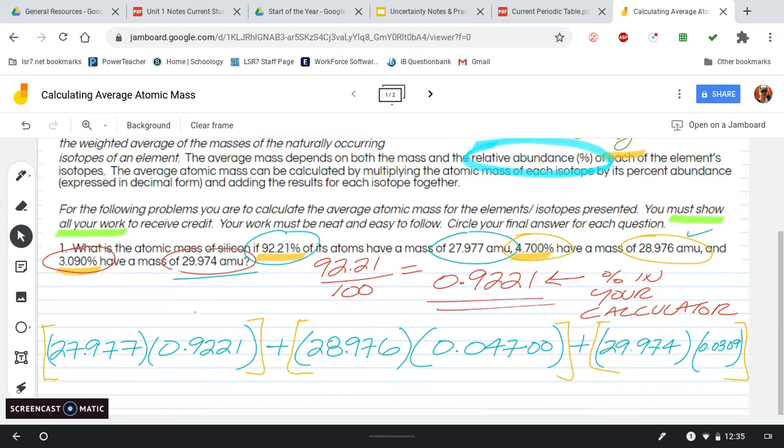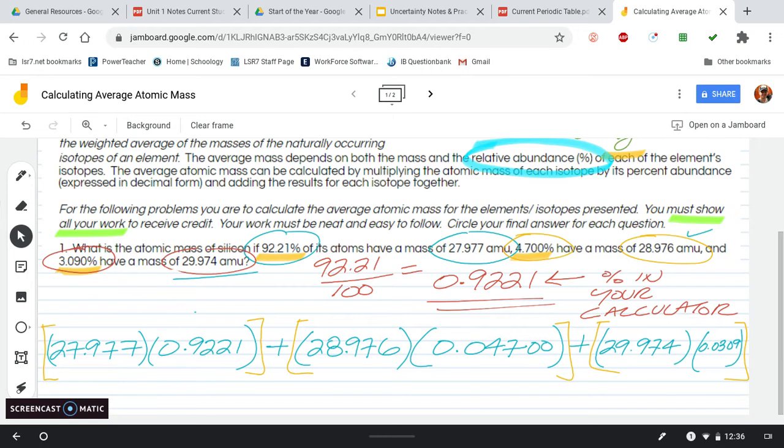Excuse me. And so hit enter again, close your parentheses, then hit enter. Then I'm going to add that answer to, in parentheses, 29.974 times 0.0309, close parentheses, hit enter, and then you're going to get a number.